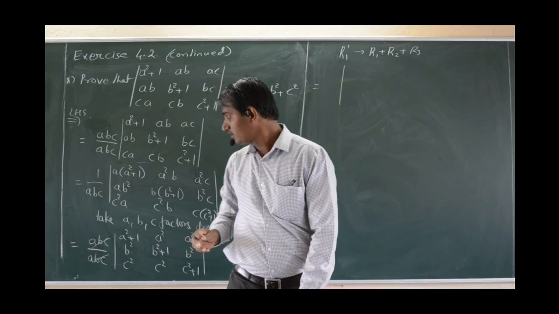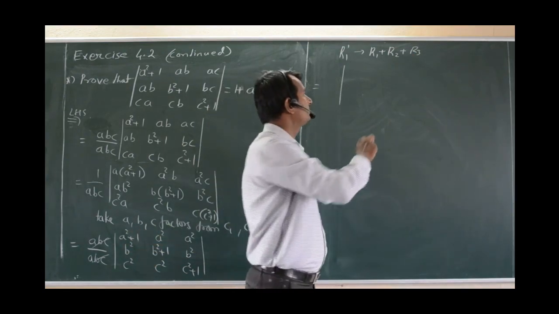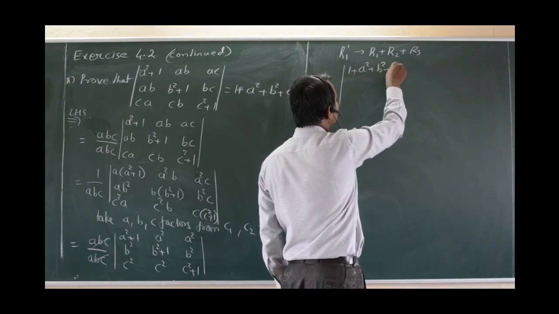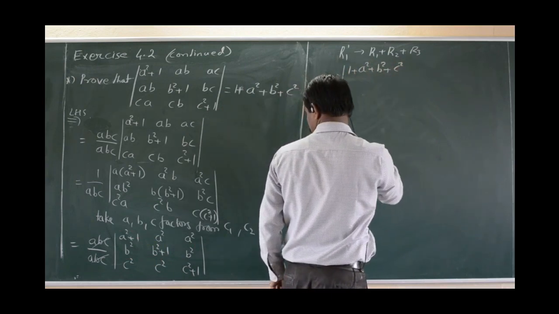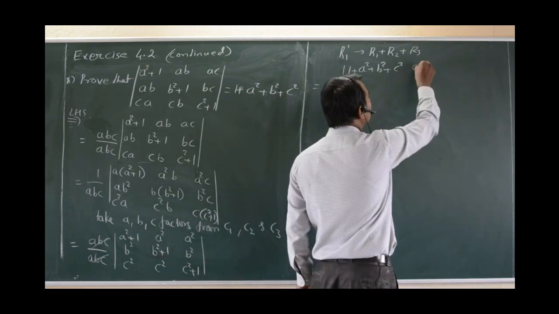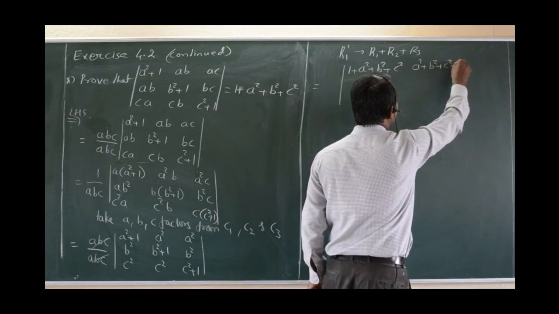What we get is 1 plus a square plus b square plus c square. Next, the second value, a square plus b square plus 1, plus c square plus 1.